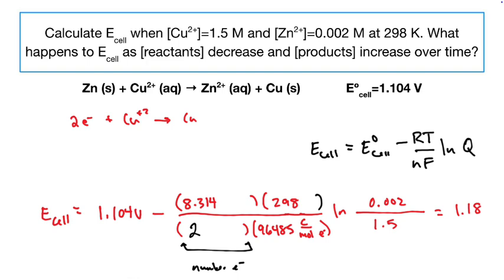What are the units on our 8.314? Joules per mole Kelvin. What are the units on our 298? Kelvin. What are the units on our 2? Moles of electrons.